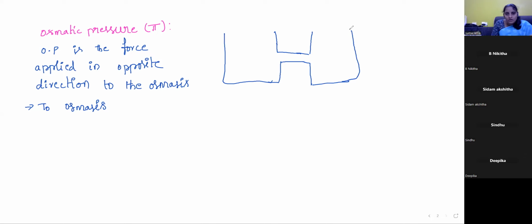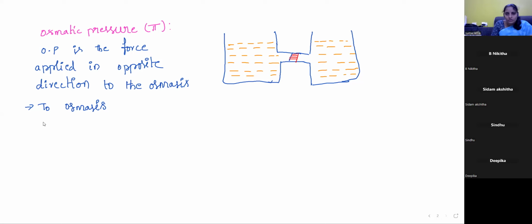See here, this is the semi-permeable membrane. This is the pure solvent. This is the solution.